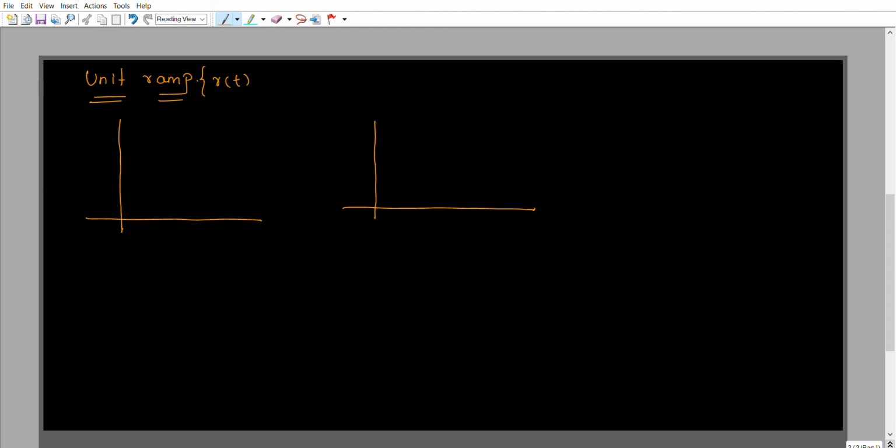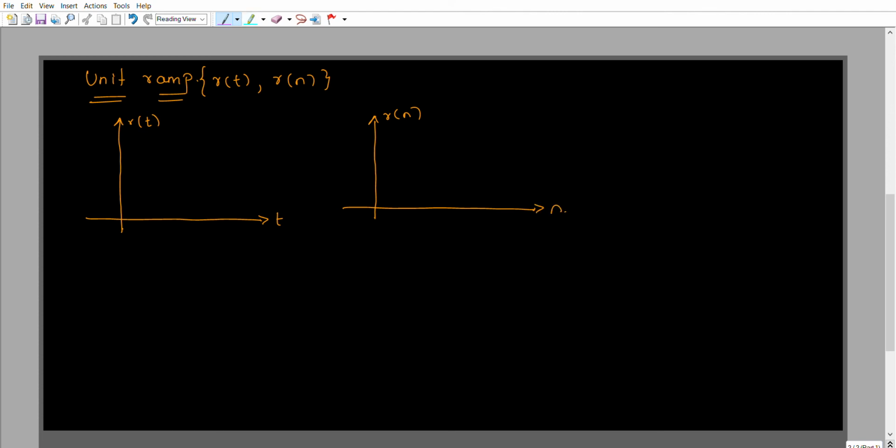Next one, unit ramp. The unit ramp is represented as r of t or r of n. So this is r of t and this is r of n.